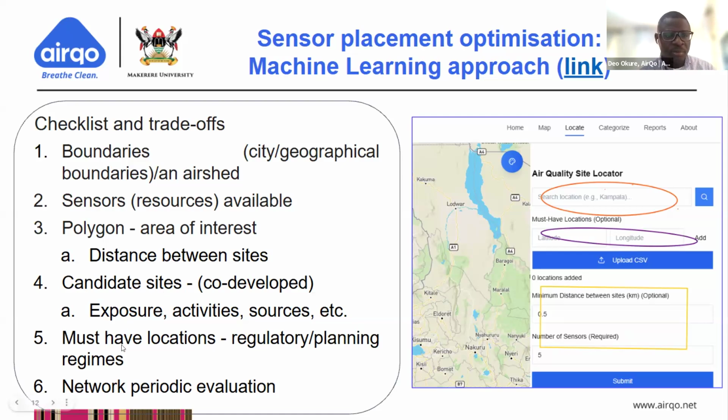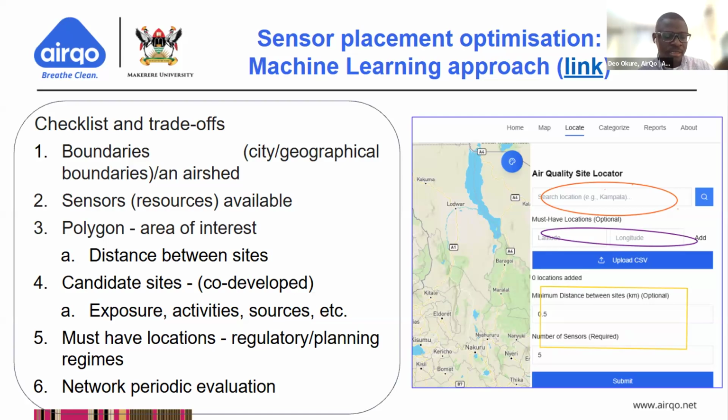The fifth point is you also have the realities that the model outputs cannot give you. For example, the regulatory planning regimes, or some politician has made a pledge that, well, I would like to turn this into a market, industrial area. Some of those might just be stuck up in paper somewhere.